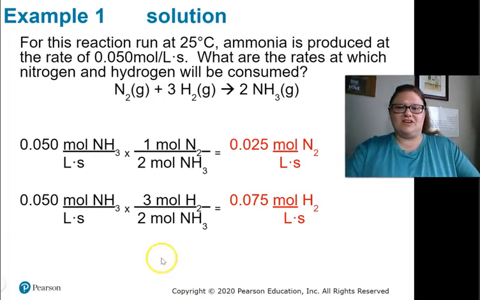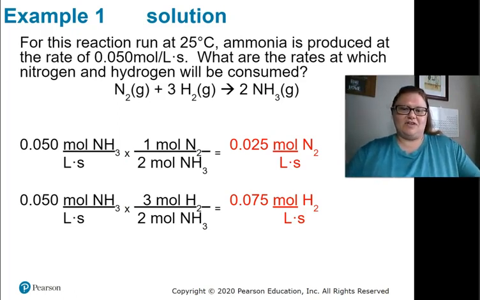And so our unit here represents the unit for the rate that was given for ammonia. So with that check, there's a good chance we've set this up correctly because we have the same units for our rates of reactants. And so just doing the math, we get 0.025 moles per liter per second of nitrogen being used up. And we also get 0.075 moles per liter per second of our hydrogen being used up.